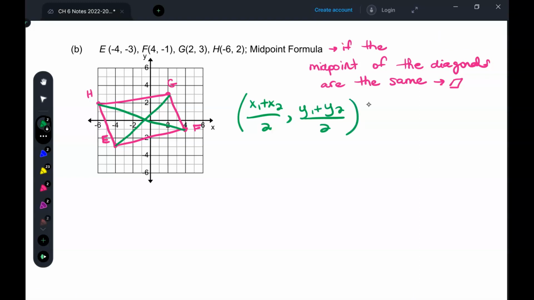This one's kind of easier because you only have to do it twice, rather than slope formula, where you have to do it all 4 times. Let's look at HF, and then we'll do EG.